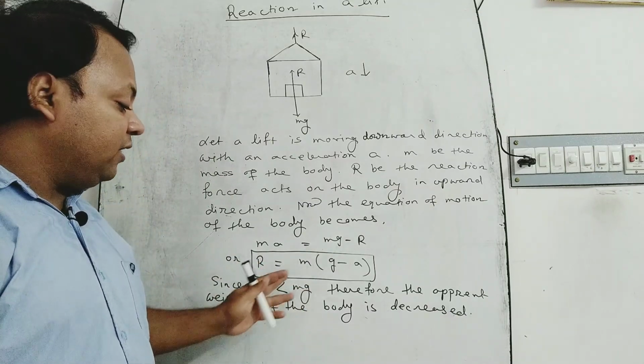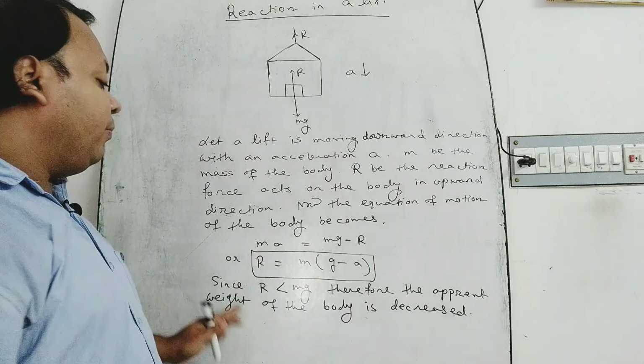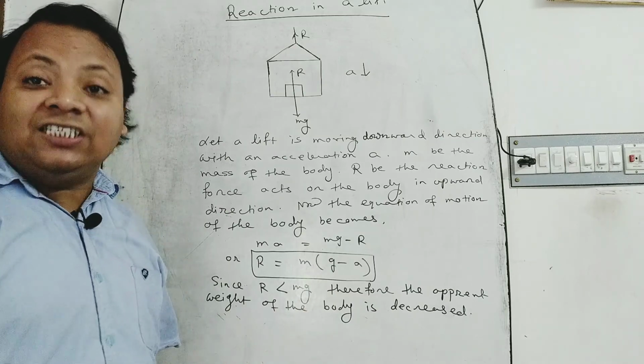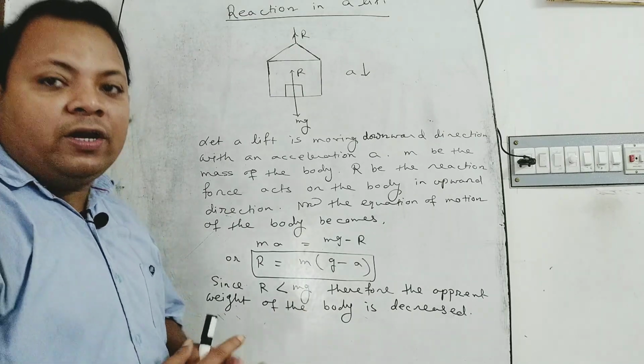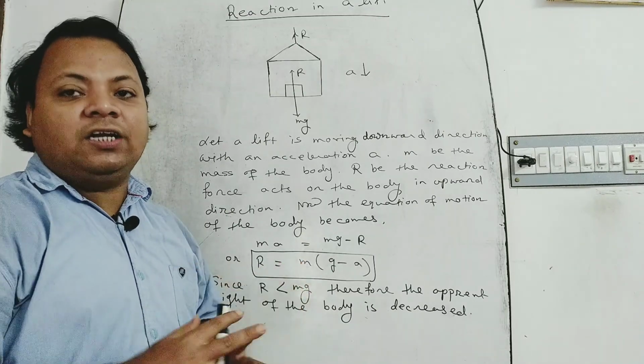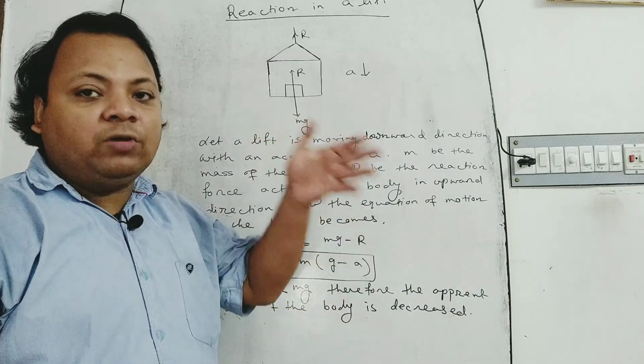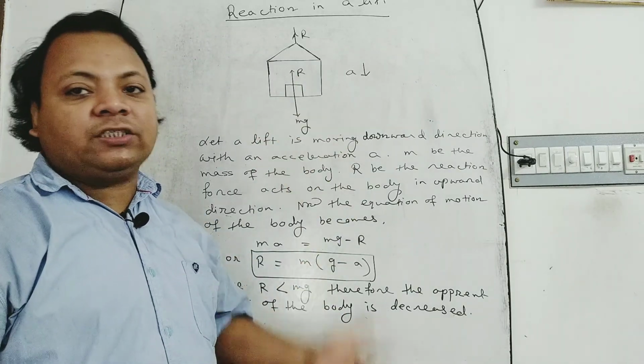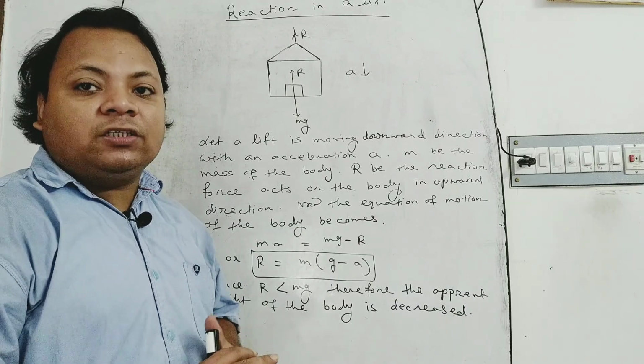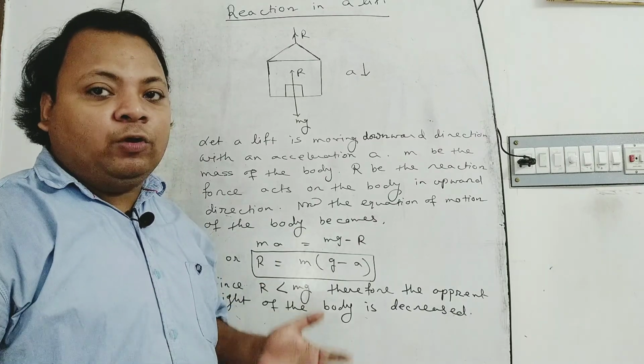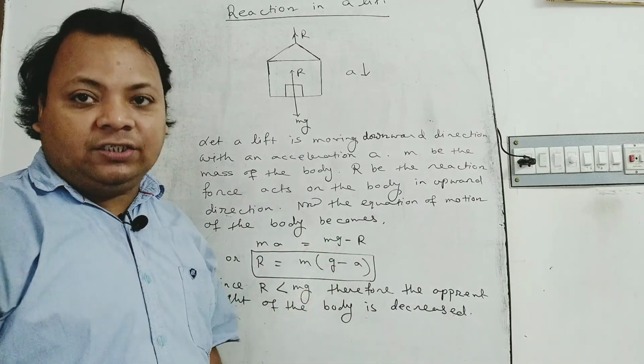Here R is less than mg, therefore the apparent weight of the body is decreased. Therefore when a person is inside a lift which moves vertically downward with some acceleration, the person feels that his own weight is decreased.